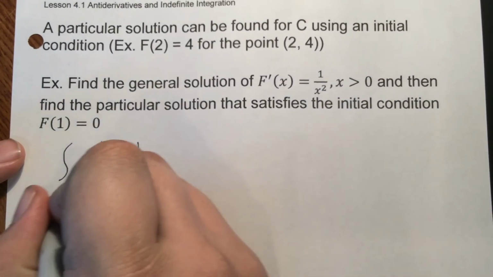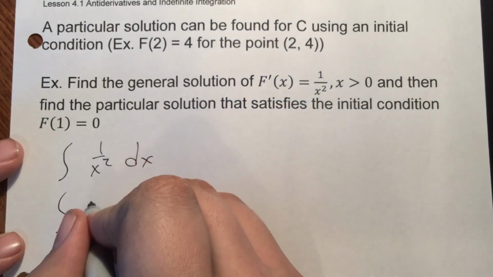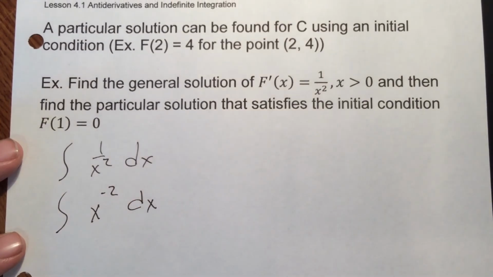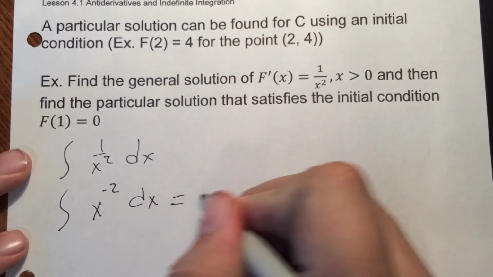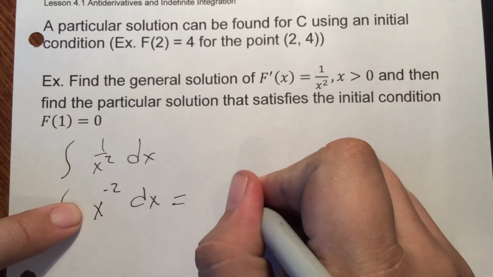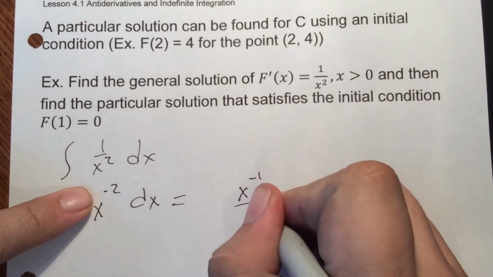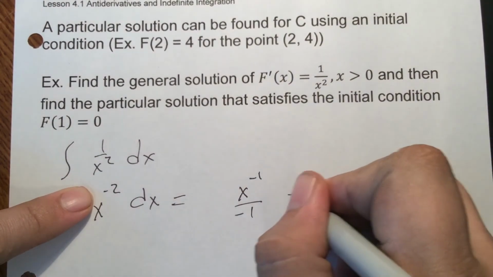So, I'm going to rewrite this though. This, if we move to the top, is really x to the negative 2, sorry. So when we do the power rule, we would have x, and if we add 1 to that negative 2, we would divide by negative 1 plus c.